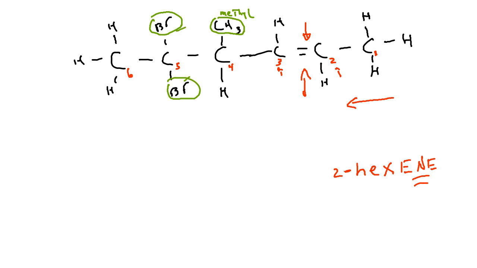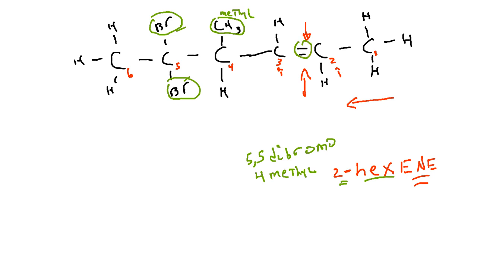So it's 5,5-dibromo. Okay, and there's 1 methyl on carbon 4. And this would be 4-methyl 2-hexene.